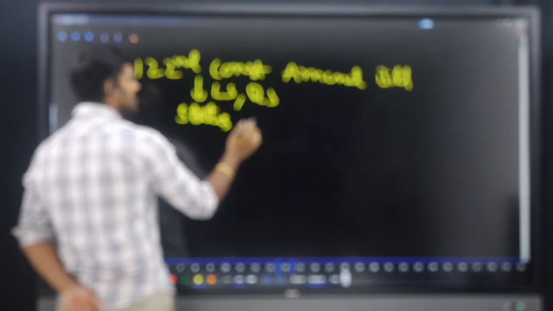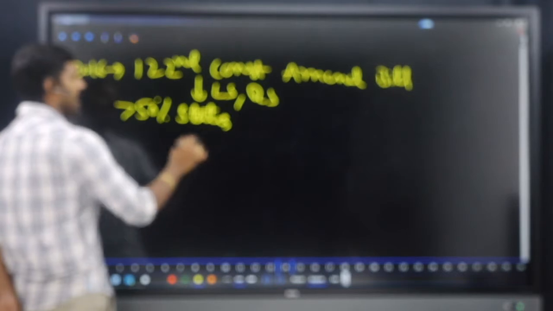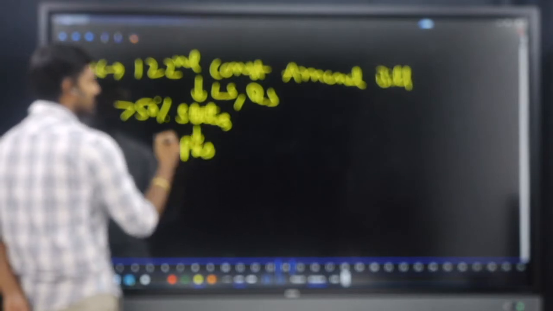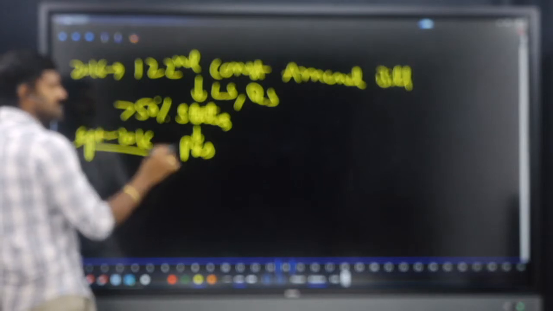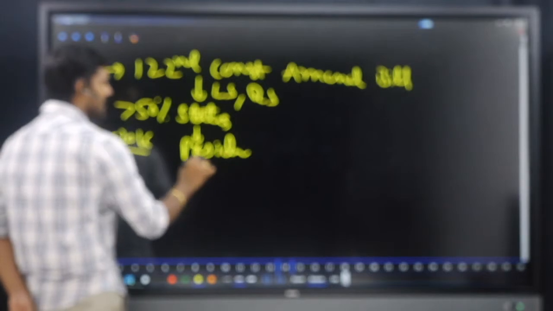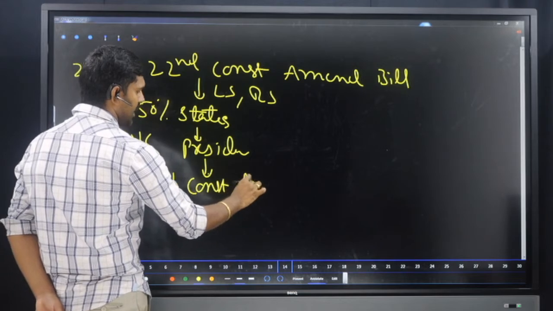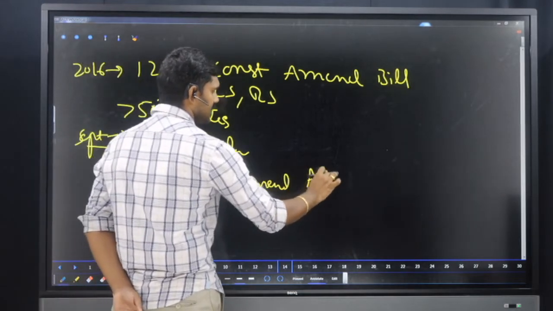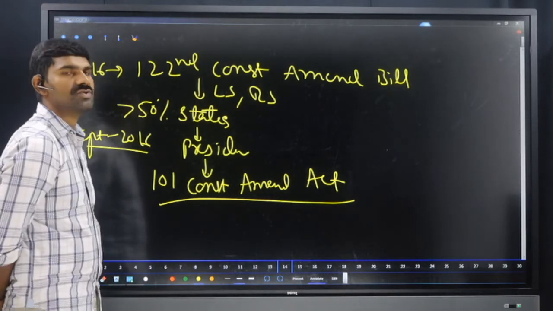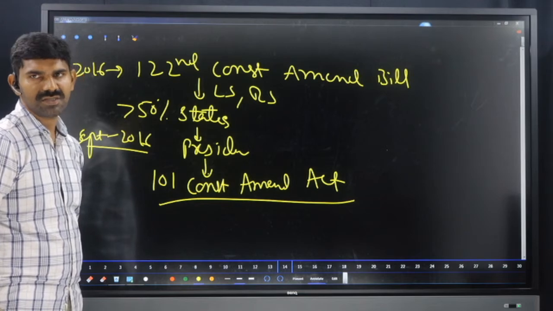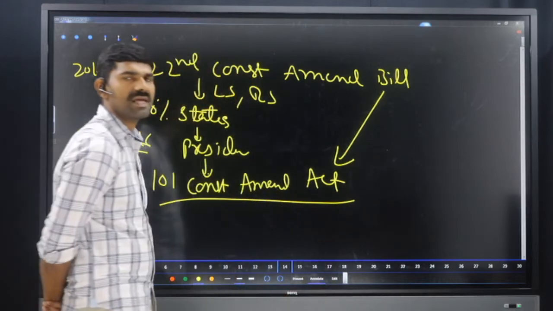More than 50% of the states approved it, and finally, with the president's signature in September 2016, it became the 101st Constitution Amendment Act. So that is how a bill became an act.